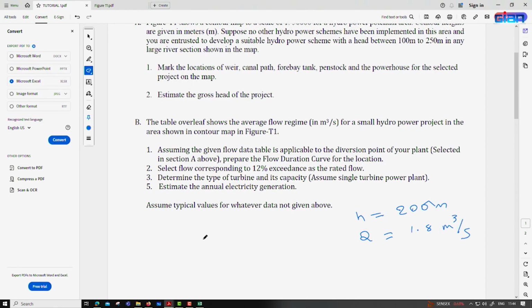And then our equation is efficiency into Q rho G H. Efficiency we have to get, right. So, the efficiency will be the efficiency of the turbine, efficiency of the generator, efficiency of the transformer. Let us stop there, otherwise you can put the transmission line, etc.